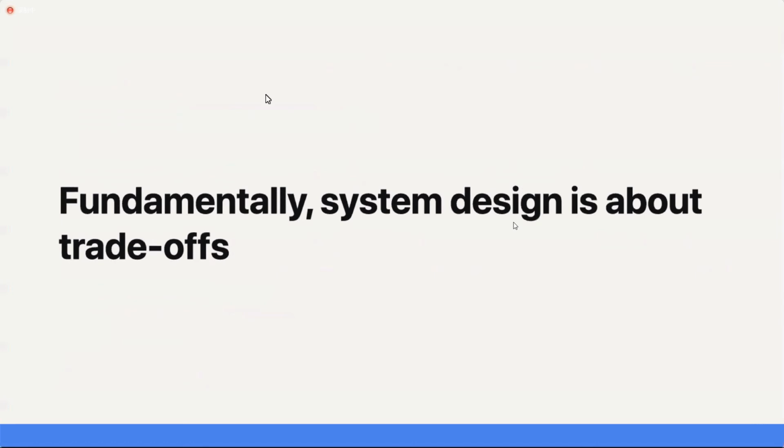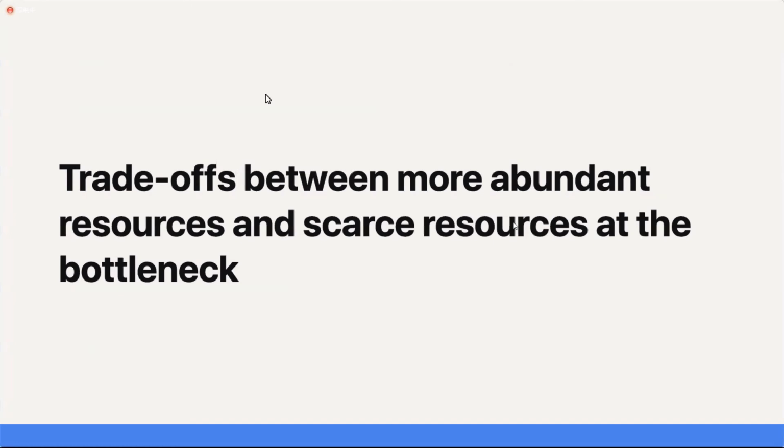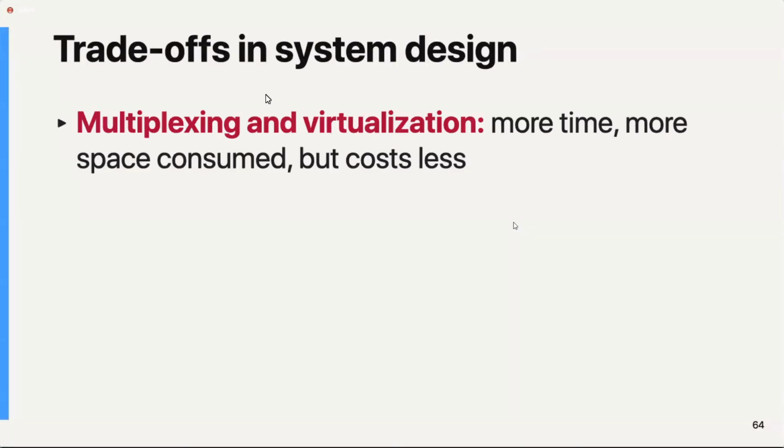Fundamentally, I believe that system design is all about trade-offs. There are no absolute correct designs or absolute bad designs. These trade-offs are between more abundant resources and scarce resources at the bottleneck. They can involve, for example, the trade-off between time, space and cost.